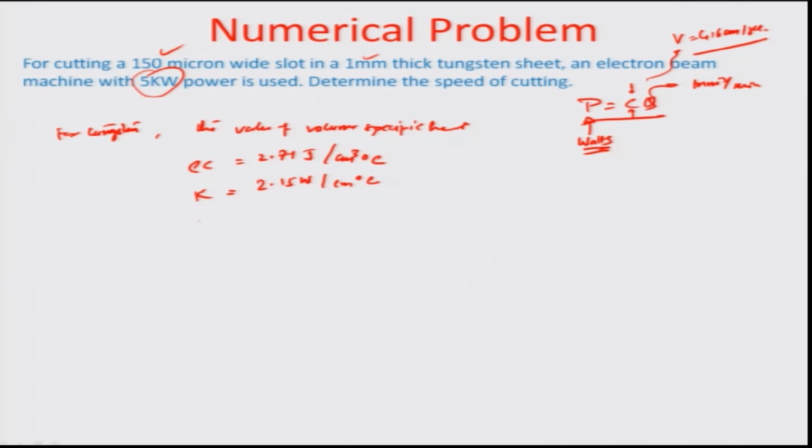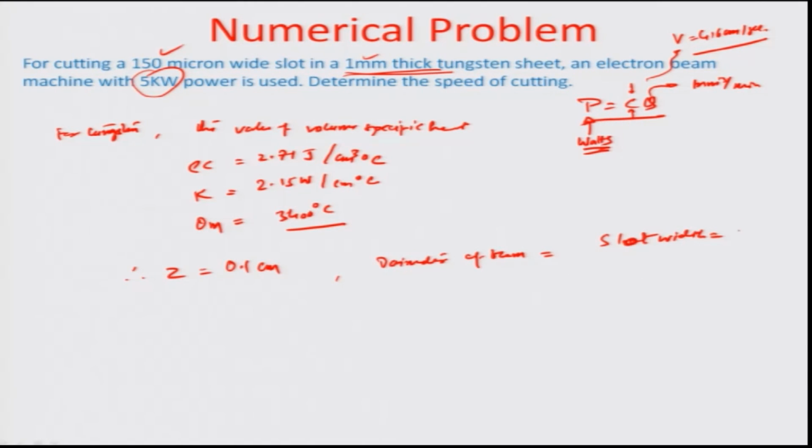The melting temperature theta m for tungsten is very high, about 3400 degrees Celsius, and we get that the Z value in this case is 1 mm, because the beam has to penetrate through the thickness of the tungsten sheet, 0.1 centimeters, and the diameter of the beam obviously should be equal to the slot width, and in this case the beam diameter for that to happen should be about 150 microns, about 0.015 centimeters.